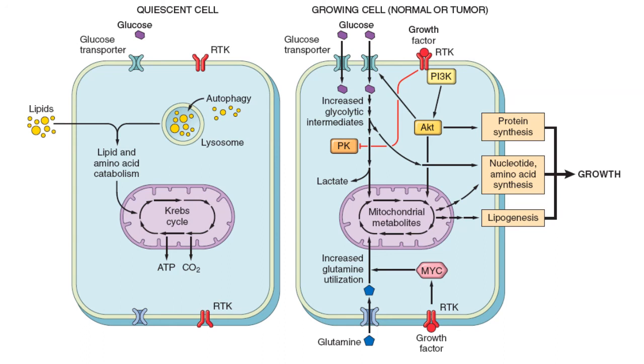There is also increased formation of lactate, and alternatively increased glutamine is also utilized. In cancer, the oncogenic mutations involving growth signaling pathways and other key factors such as MYC deregulate these metabolic pathways.